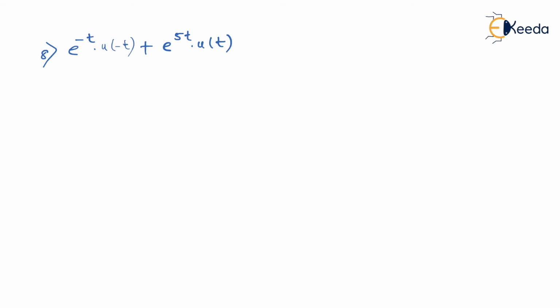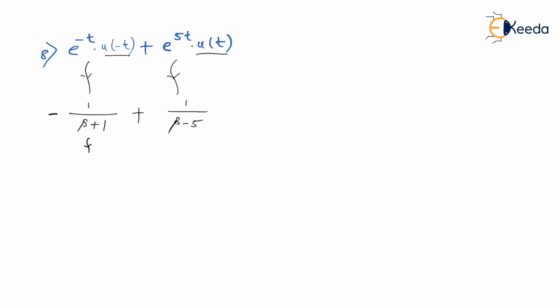See, pay attention. For e to the power minus t, the Laplace transform would be 1 upon s plus 1. Try to understand, since it is multiplied with u of minus t, a negative sign will appear here. Secondly, for e to the power 5t, it would be 1 upon s minus 5, and it will remain positive since it is multiplied with u of t. Now let's talk about their ROC.